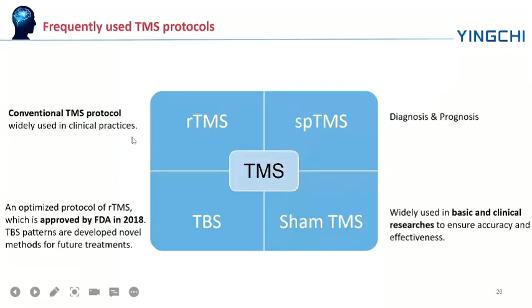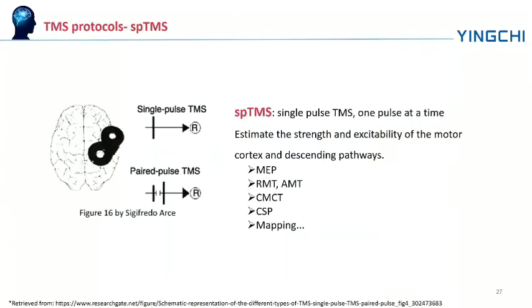For RTMS, as we all know, it is a conventional TMS protocol. But the TBS is an optimized protocol of RTMS. And we have mentioned before, it was approved by the FDA in 2018. So for the single pulse TMS, it means it produces 1 pulse at a time.